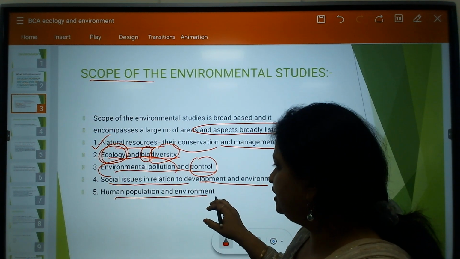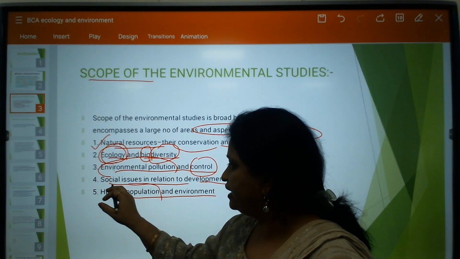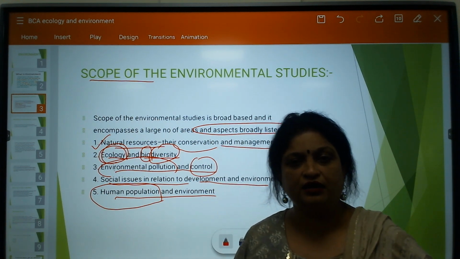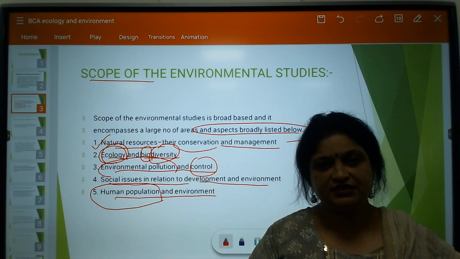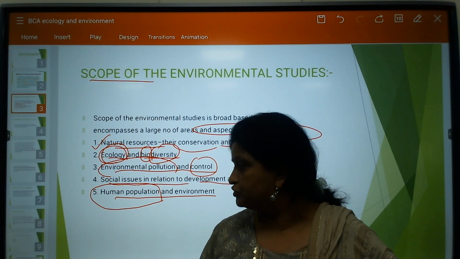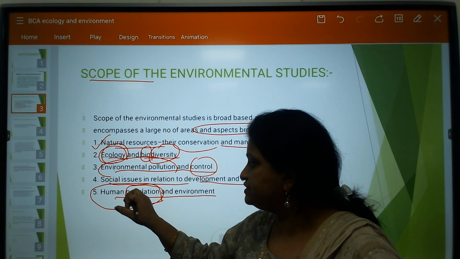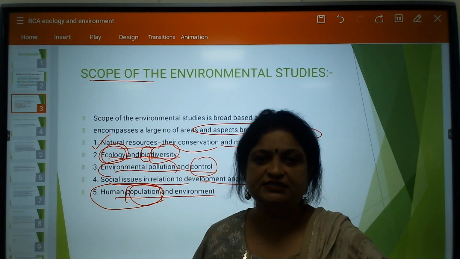Human population and environment. This is the prime cause of any kind of problem arising on the earth, because in the past decades the population was not as large as in today's scenario.